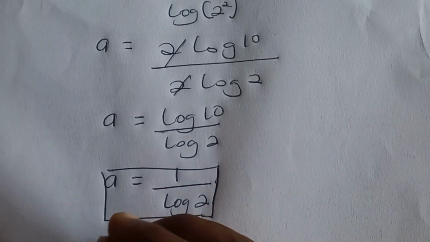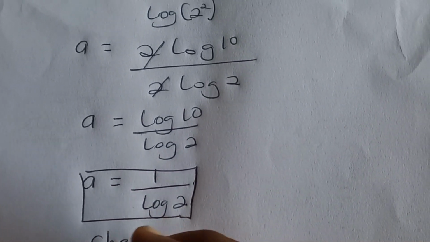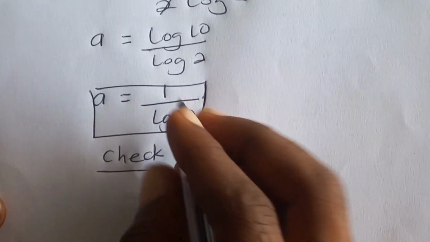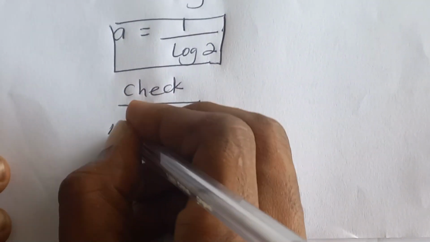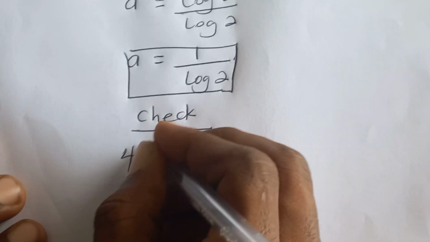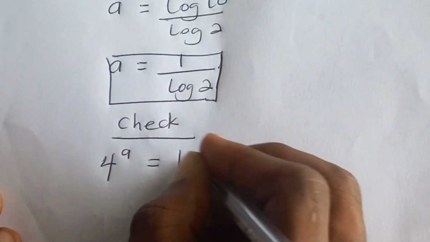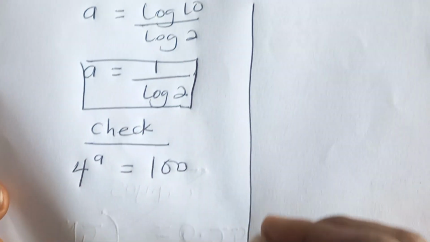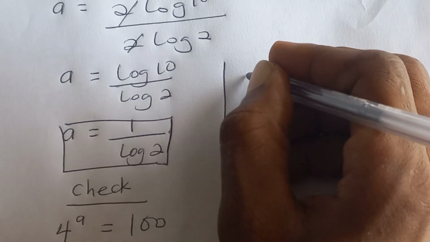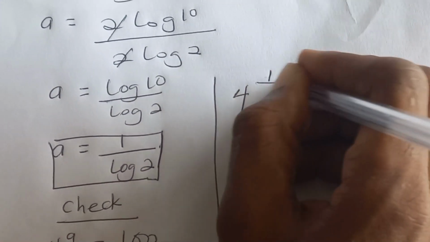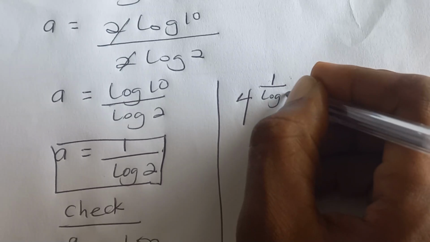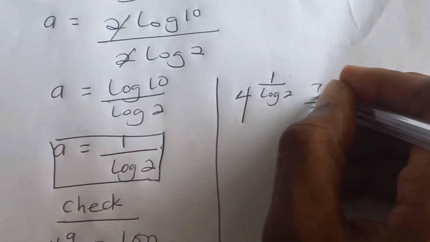Now let's check to see if the a is indeed equal to 1 on log 2. So we're having 4 exponent a, which is equal to 100. So 4 exponent, now our a is 1 on log 2, and is equal to 100.